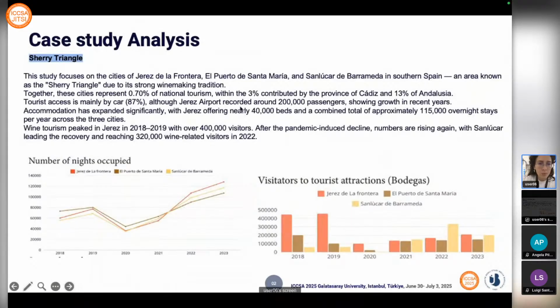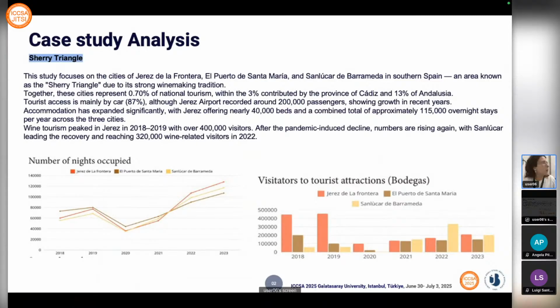So all the mobility facilities are really car related. And if we exclude 2020, the year of the COVID pandemic, we can see that the number of nights occupied in the 3 cities is increasing in the last years.